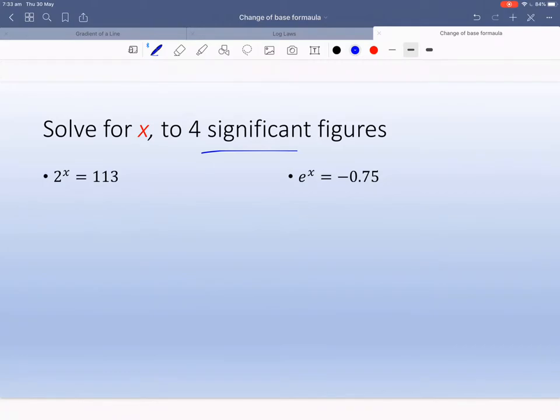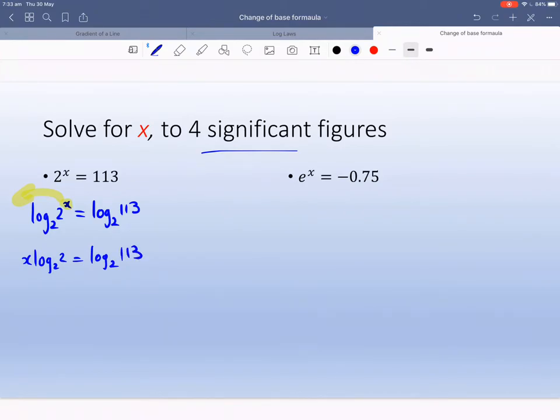I'm going to take log to the base 2 of 2 to the x, and what I do to one side I need to do to the other side, so log to the base 2 of 113. Now, because of log laws, I can move the x across to the front. So that will be the next line: x log 2 of 2 equals log 2 of 113.